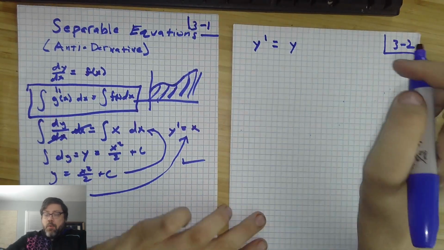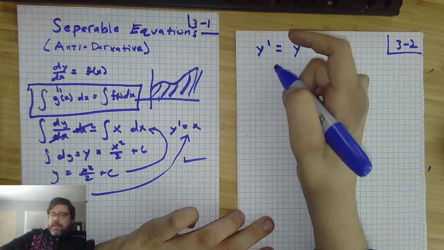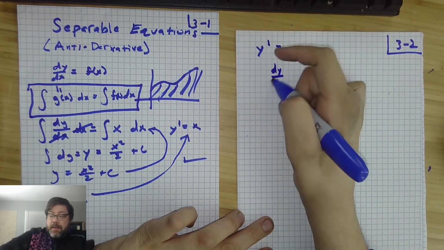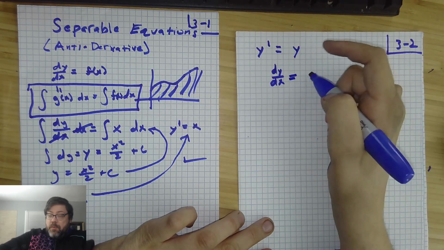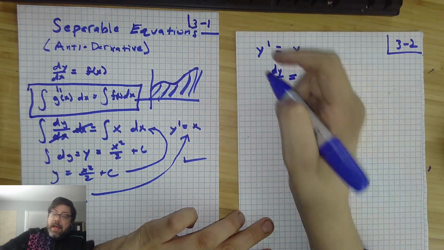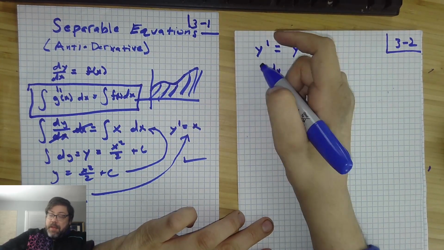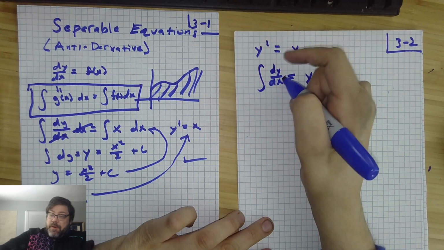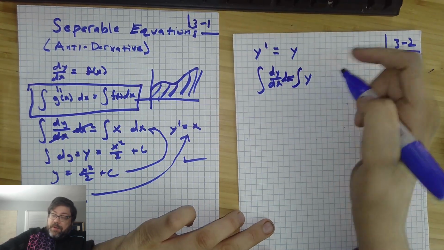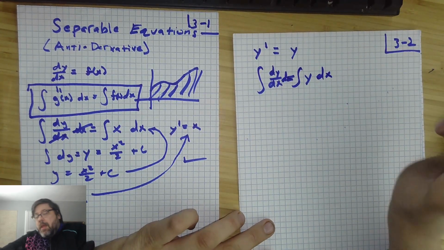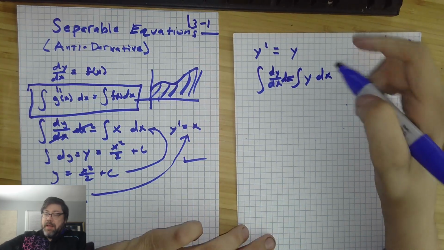Now what would we do? Well, this is like saying dy/dx equals y, and we can still do the same thing. We can integrate both sides with respect to x. But notice that this doesn't help us that much.